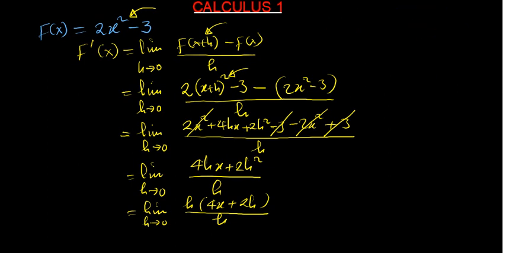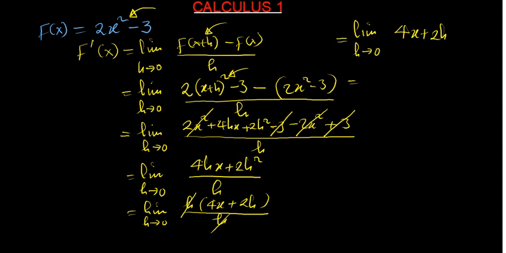Yes? Yes, so then this one is going to cancel with this one, right? So we're going to remain with the limit as h approaches 0 of 4x plus 2h, isn't it?